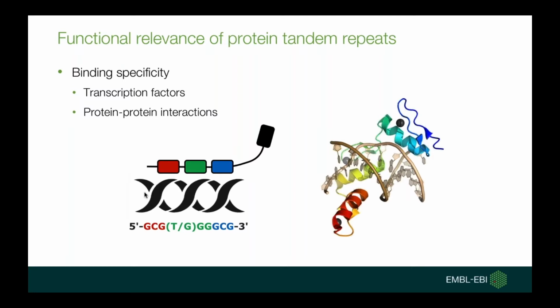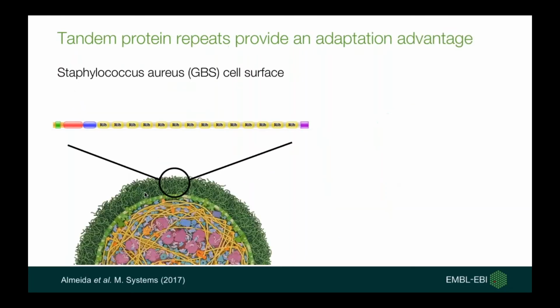Each of the zinc finger domains, represented here as 3 different colored boxes, has a different specificity for a DNA sequence. So when you combine these 3 different repeats, you get a long, very specific DNA sequence that the protein is recognizing.